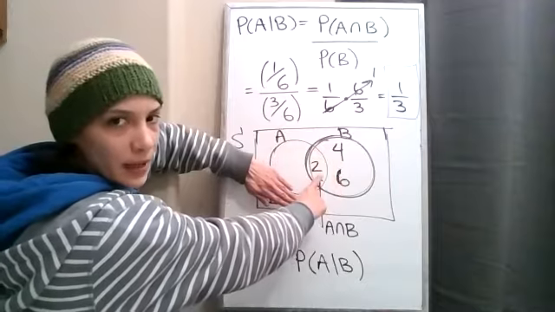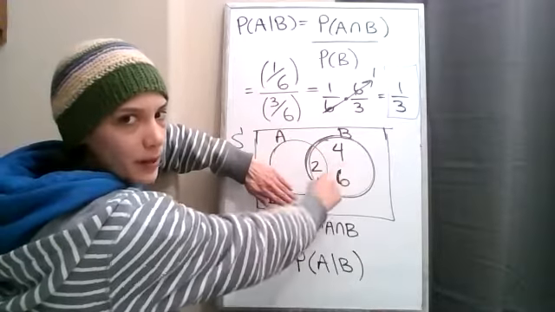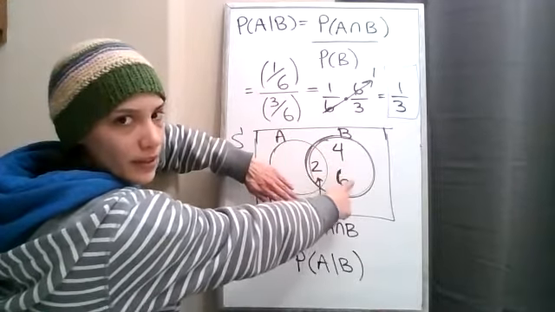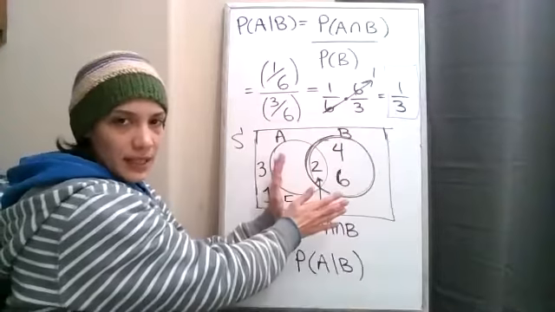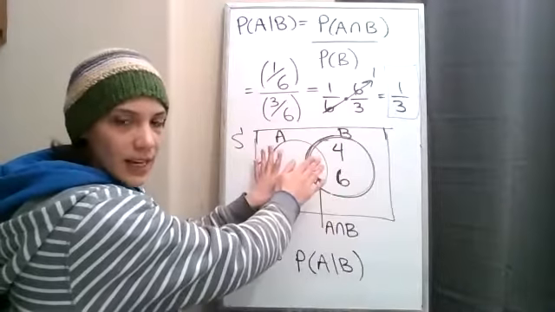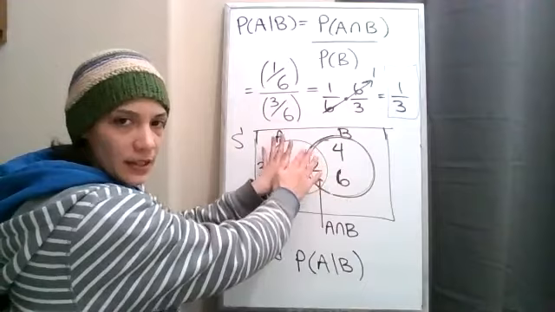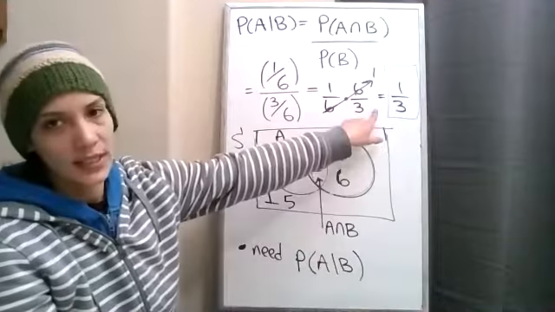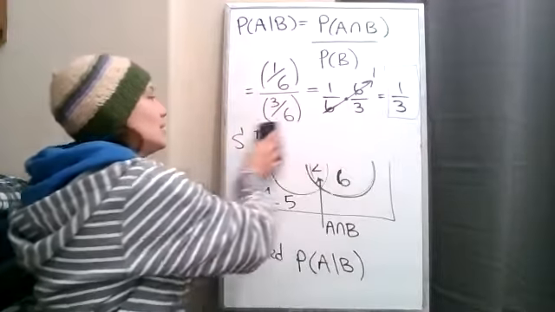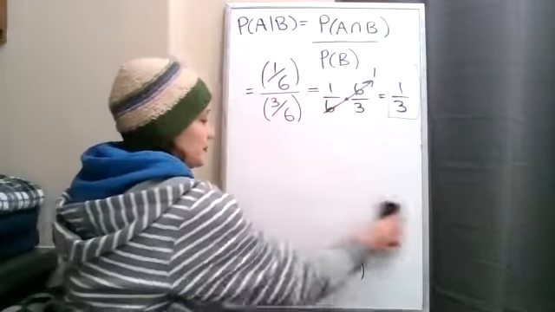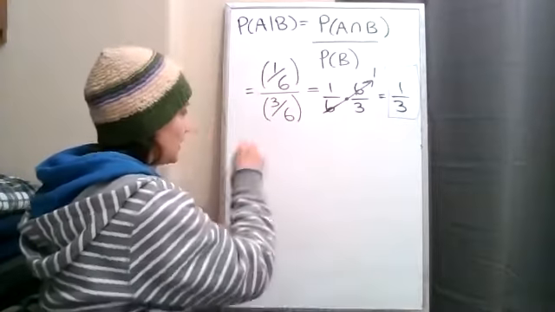It's the number of outcomes from A out of the number of outcomes from B, 1 out of 3. As long as you restrict the sample space and then you take how many times A can occur from just that space and then divide by the total number of elements in that set. We're going to still practice using the formula.